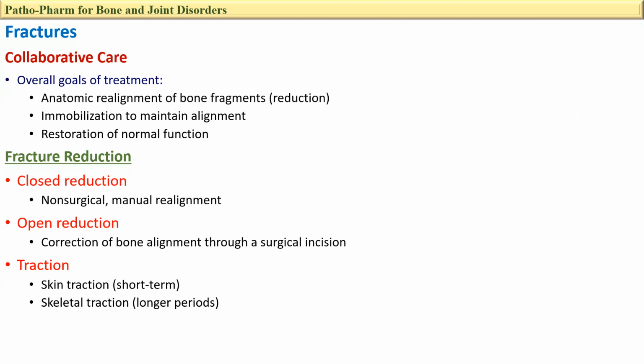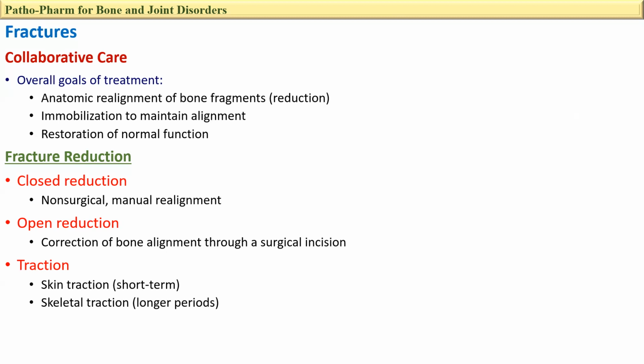We immobilize the fracture with a cast, with a splint, with an immobilizer. So what is reduction? Reducing the bone. Before you immobilize the fracture, we have to make sure that we are reducing the bone. Reduction of the bone is aligning both ends of the fractured bone against each other.